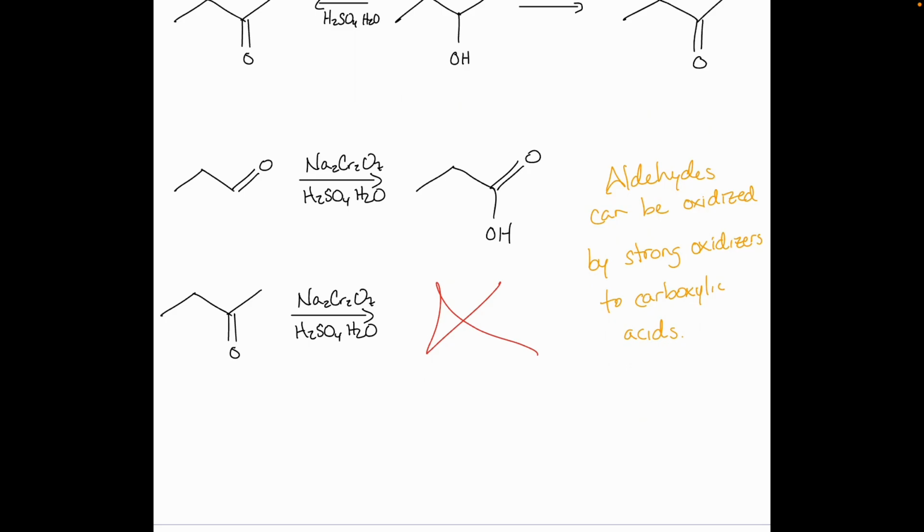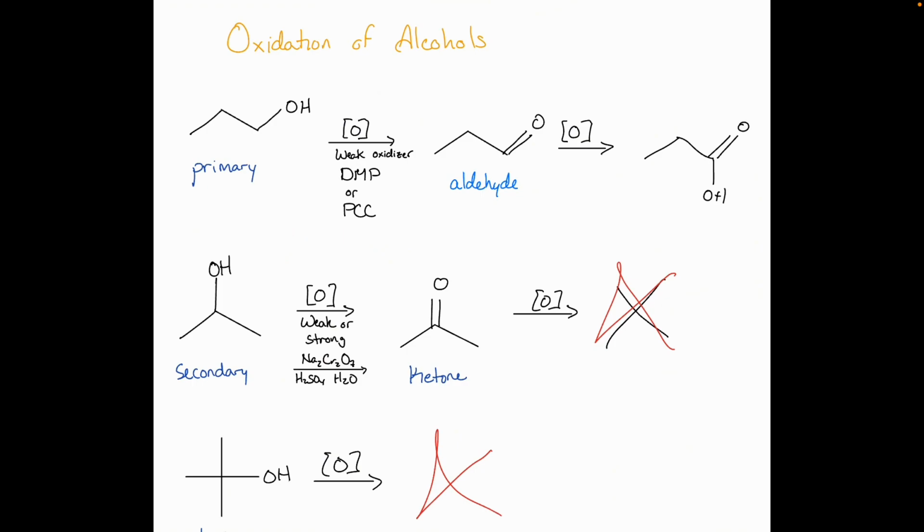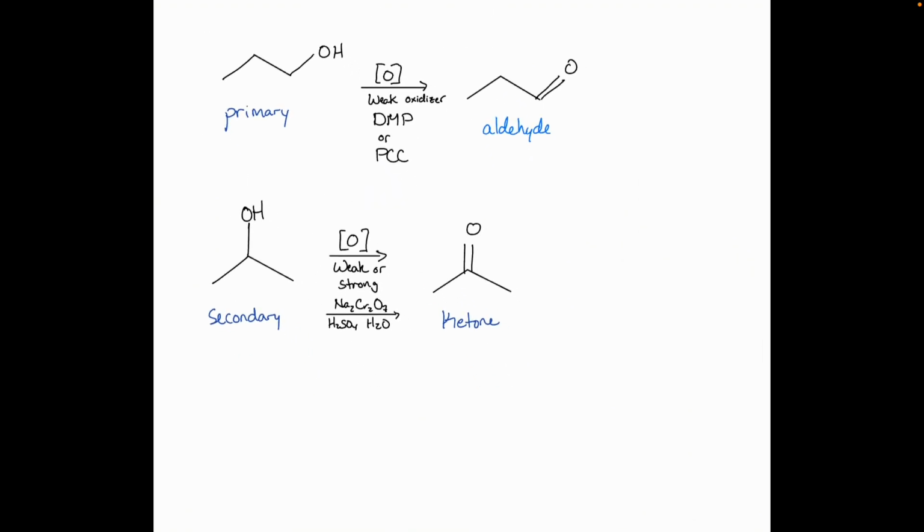All right, so these oxidation reactions we talked about as ways to convert alcohols to aldehydes or ketones. Going from an alcohol to an aldehyde or ketone, we called oxidation reactions.